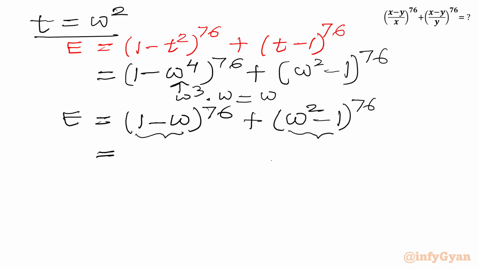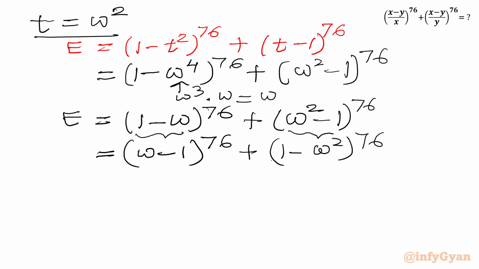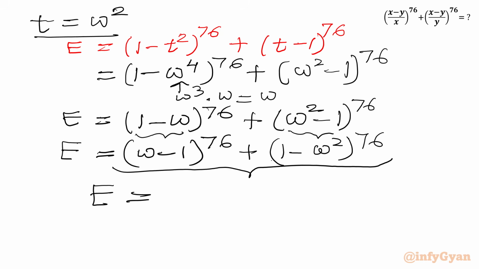Minus raised to the even power is always plus. So we can write (ω − 1) whole power 76 plus (1 − ω²) whole power 76. Now this expression is the same as when we had t equal to ω. So from this we will get −3³⁸.